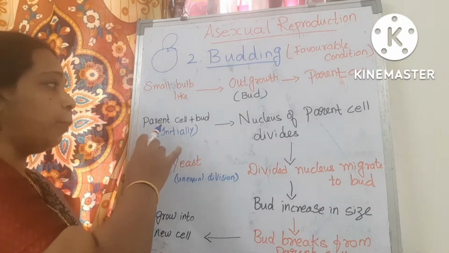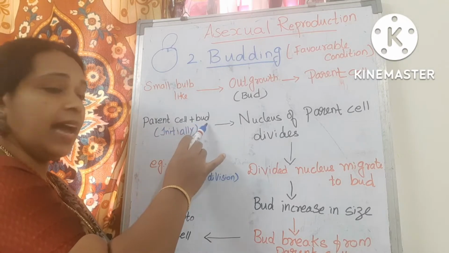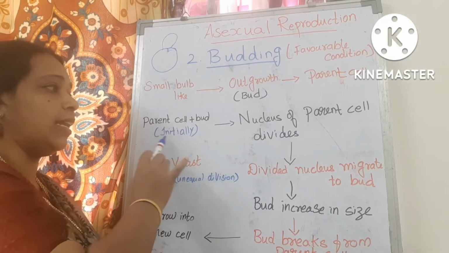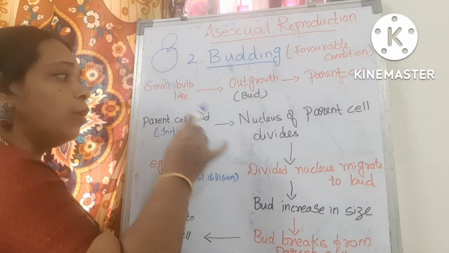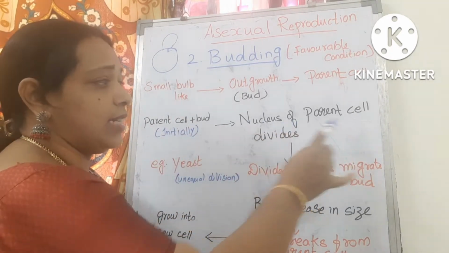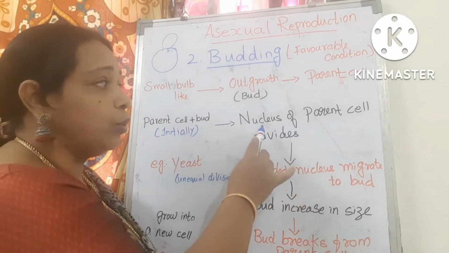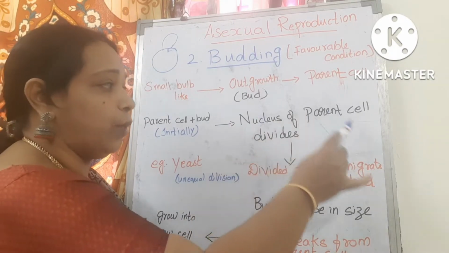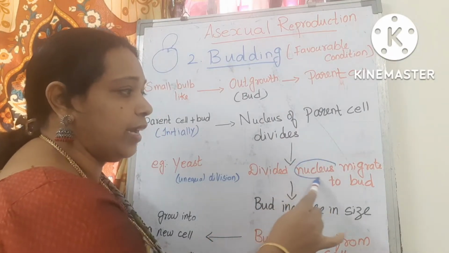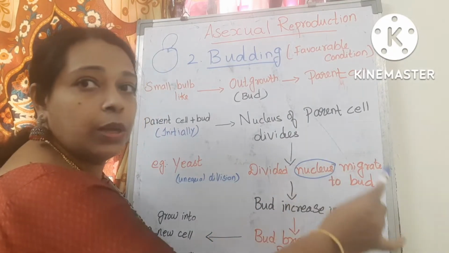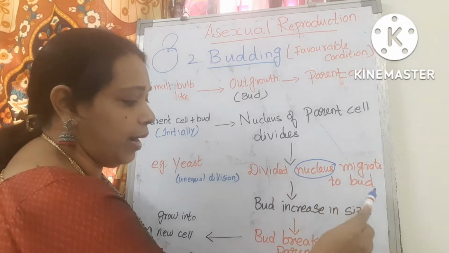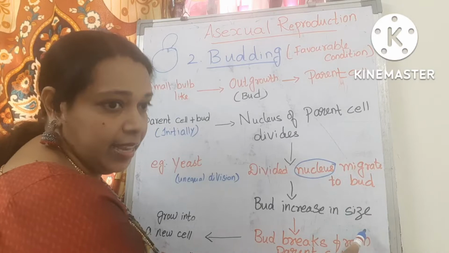Now the bud is attached to the parent cell initially, and what happens is the nucleus of the parent cell divides. The nucleus present inside divides, and the divided nucleus migrates to the bud. The bud increases in size.